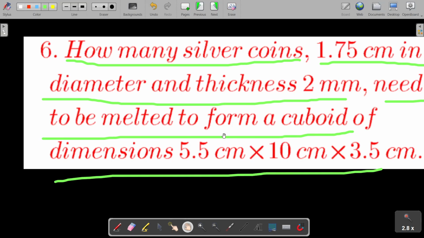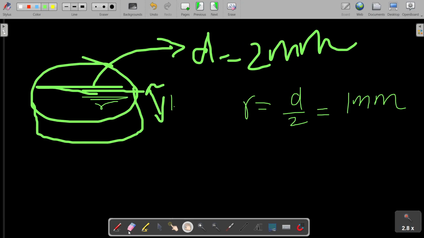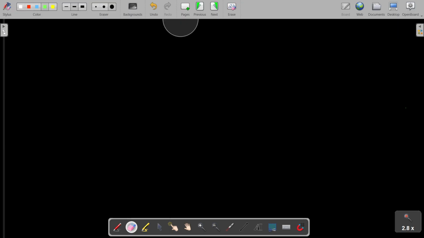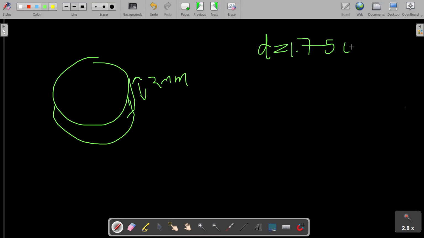So the radius becomes 1 millimeter, and this is given as 1.75 centimeter diameter and thickness. Oh, sorry. Thickness is 2. Okay, my bad. Let's say this is a coin. Thickness is 2 millimeters, and the diameter is 1.75 centimeters.